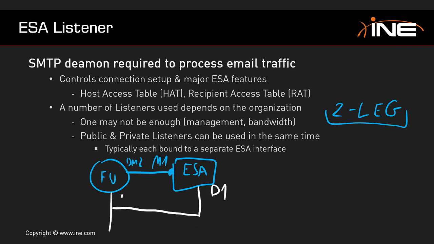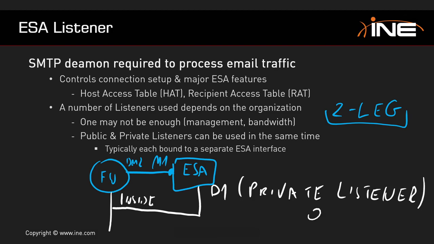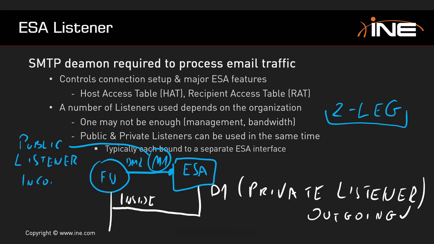And this is going to make my private listener, because a private listener is meant to handle outgoing connections, which is messages coming from your SMTP server, like when they are destined to, well, someone internal or in many cases to external destinations, where M1 would be configured with a public listener, which is meant for incoming communication. So for communication coming from the outside, like when someone sends an email to your internal domain.